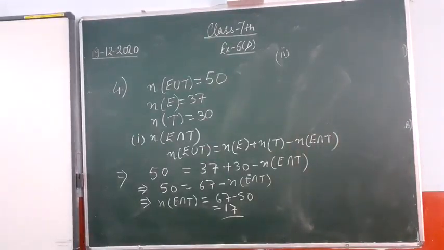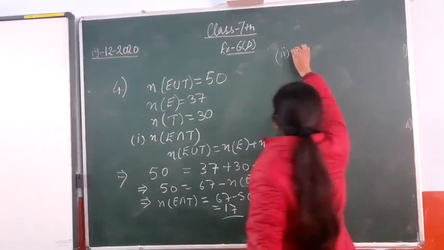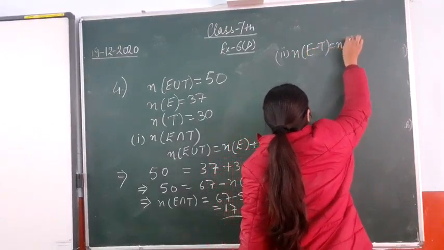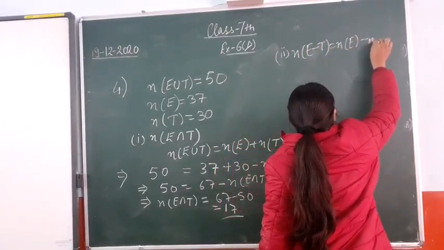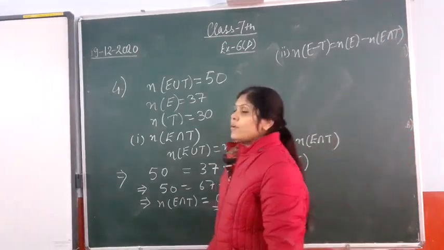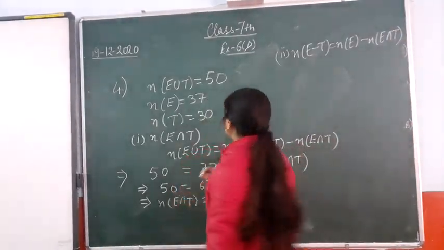Now, second one, how many can speak English only? Only English, how many can speak? That means we want n(E minus T). The formula is n(E) minus n(E intersection T). Do you remember when you have to take out this difference?